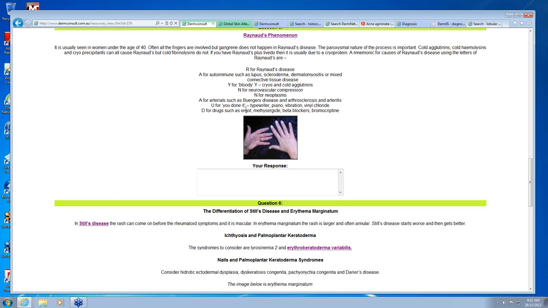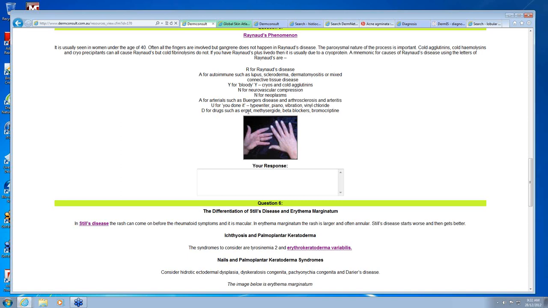U for use. Typewriter or keyboard nowadays. Pianos, vibration-induced Raynaud's, vinyl chloride induced, PVC, polyvinyl chloride exposure causing Raynaud's. And then some drugs. There are always drugs. Ergotamine used to be used for migraines as a vasoconstrictor.